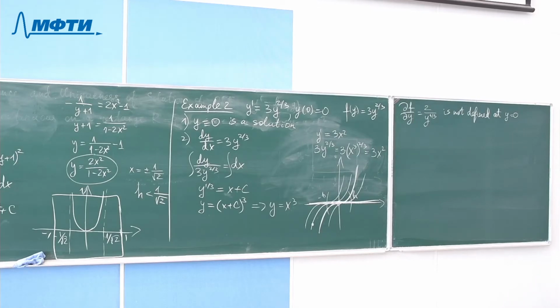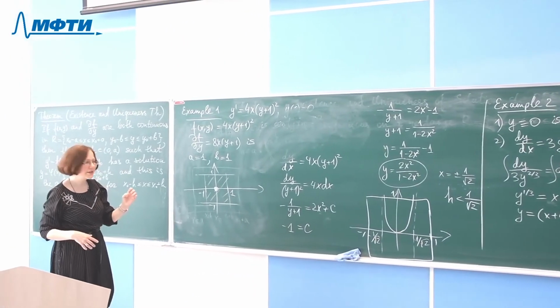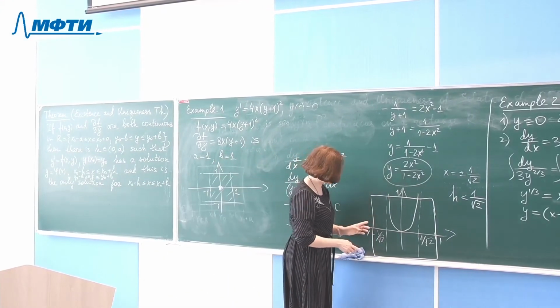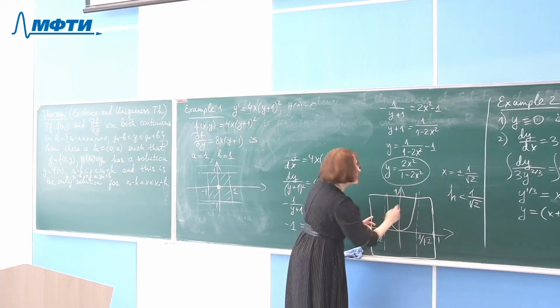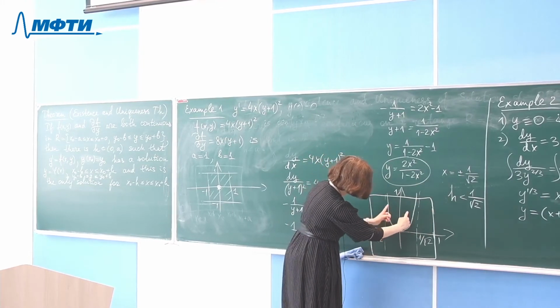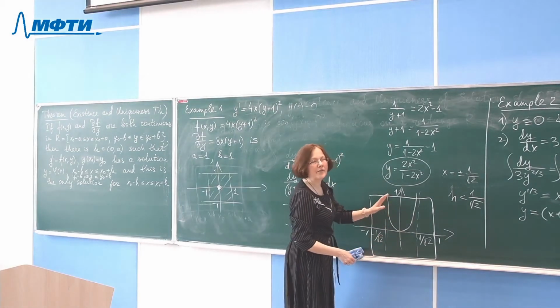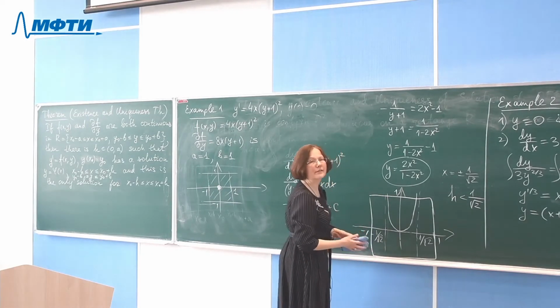Why should we choose the smaller rectangle? To guarantee existence and uniqueness. So it's okay with the uniqueness and existence, but h should be less than 1. So if we choose h to be less than that, in this rectangle the solution will be unique and it will exist, right?